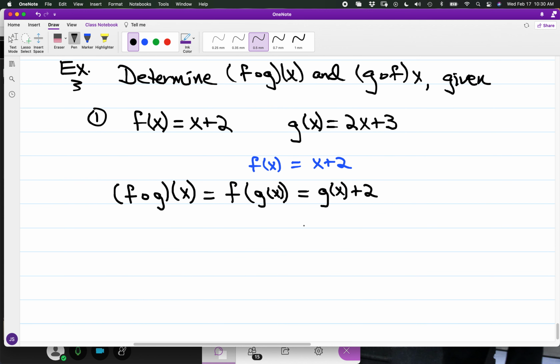And specifying what g of x is, we have 2x plus 3 plus 2, and for this result, we have 2x plus 5.